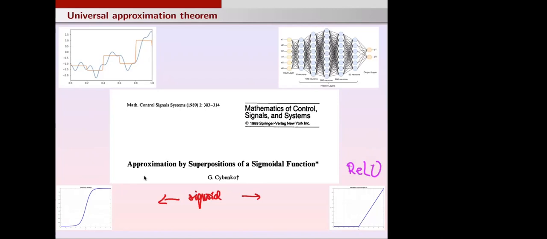So then you see, Cybenko says, approximation by superposition of sigmoidal functions. So what is Cybenko talking about? What Cybenko is basically telling us is that, you remember from measure theory, the classical results saying that every function can be approximated by simple functions. Simple functions are functions that are piecewise constant.